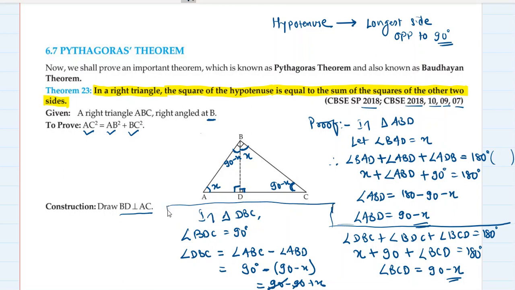Pause the video and note it down, because I'm going to move this thing, because I need to now prove similarity. So please pause the video, note this down, that how I found all the angles of both the triangles ABD and BDC in terms of 90 and x.